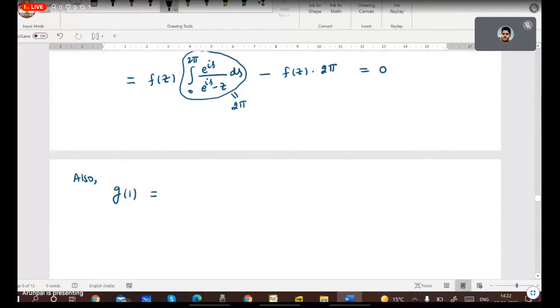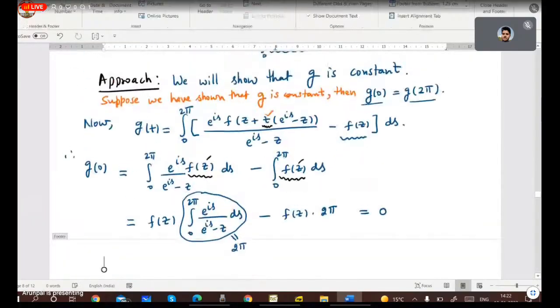You can see that g of 1 will be the integral from 0 to 2 pi of f operating on e^{is}, because now z cancels once you take t is equal to 1, divided by e^{is} minus z, minus f of z, ds.